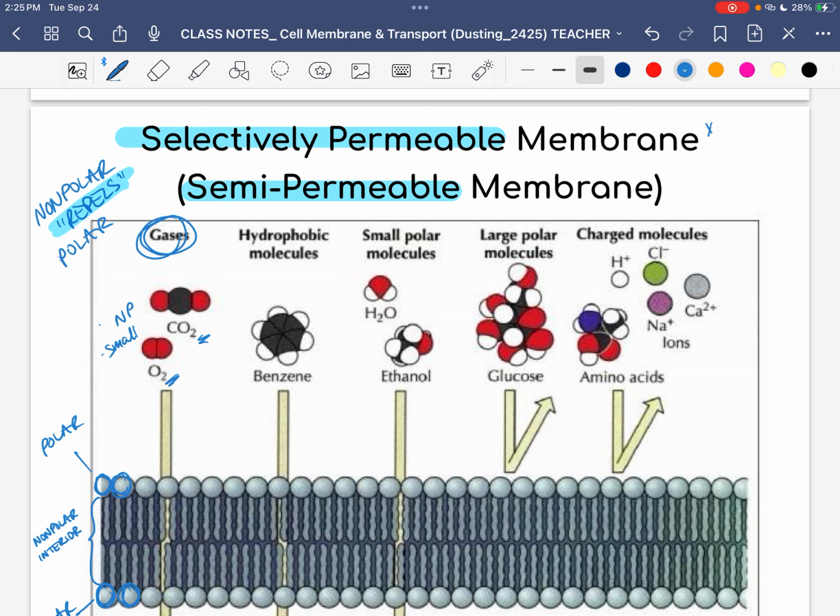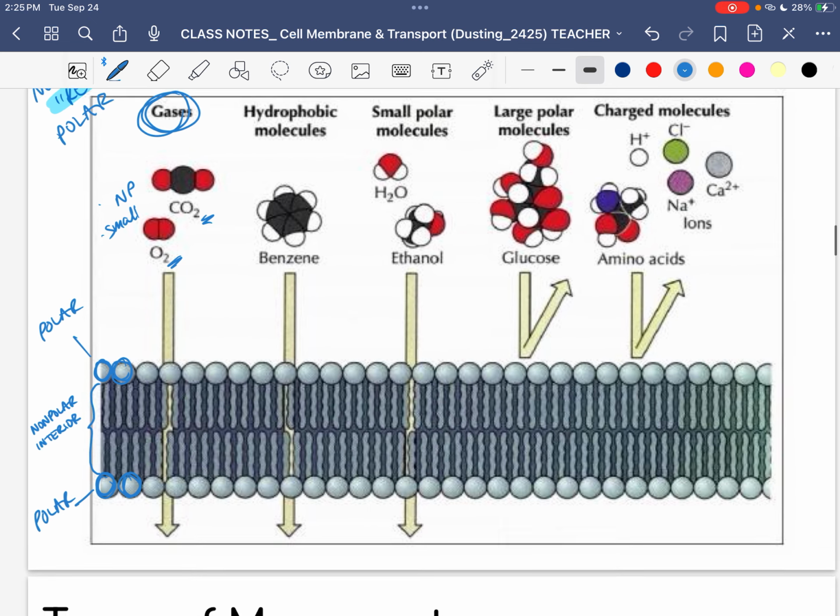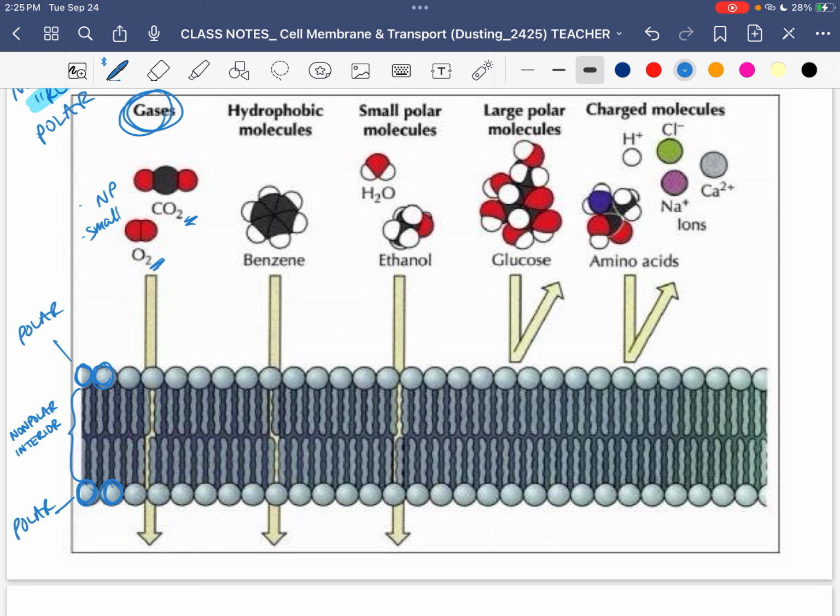Okay, so it's determined by polarity and size of the molecule. So we need to consider both of those things. They're small and non-polar, and so for that reason, they're able to go through. What they do is they're able to push these polar heads away and go through.